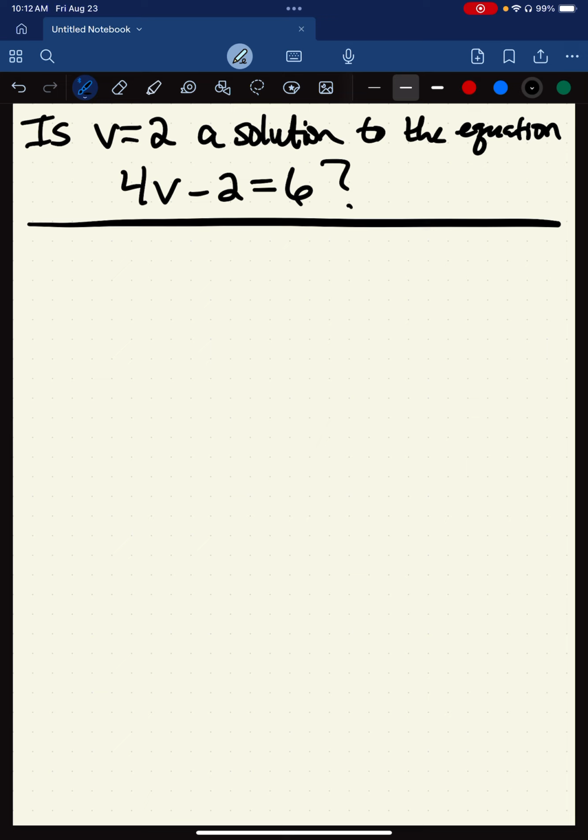Whenever we have a particular value, does it make the equation work? That's what a solution really means: is the equation true? We need to remember that if we have 4v, that means 4 times v.